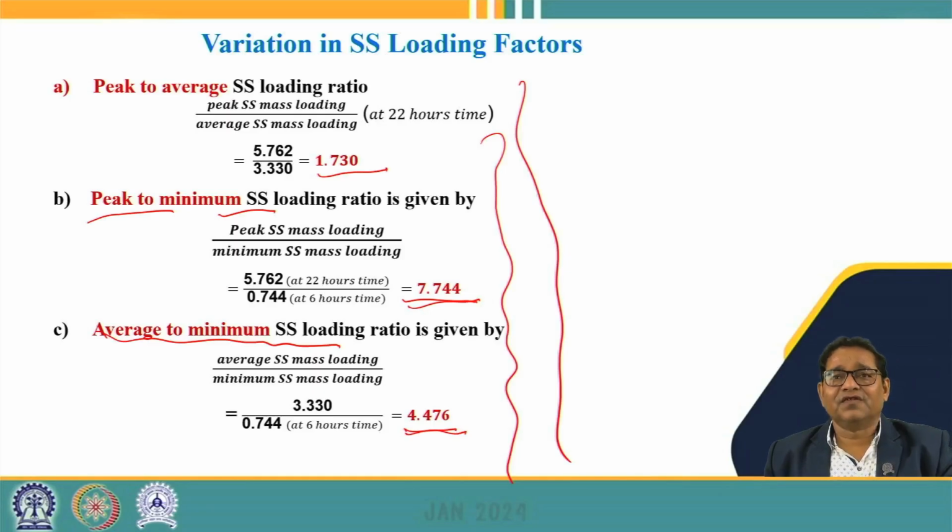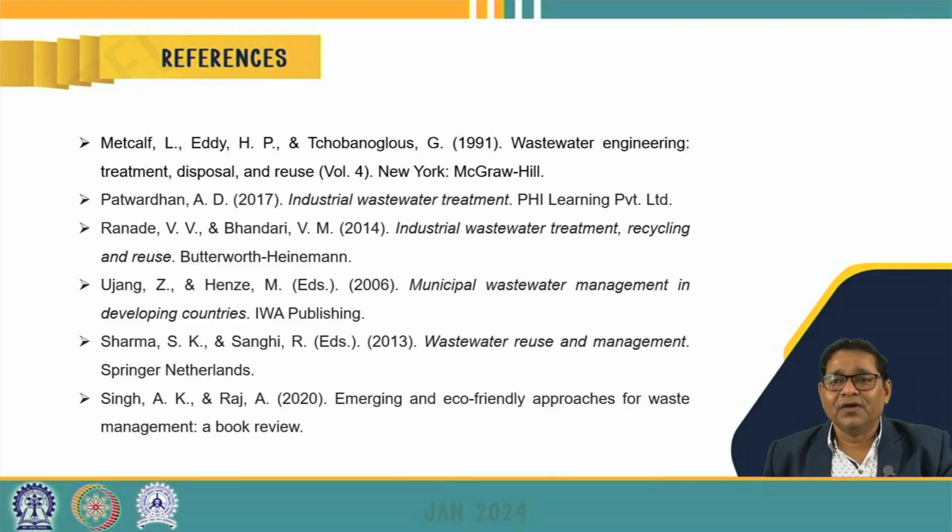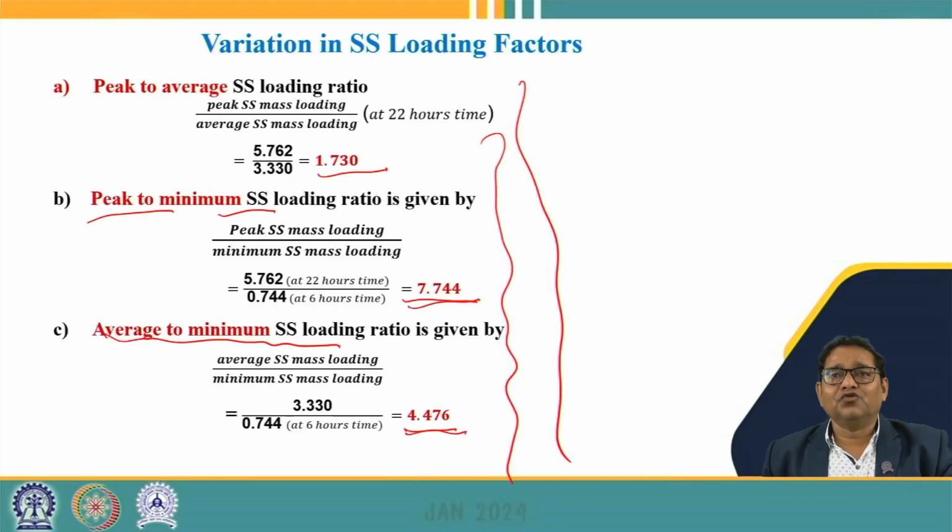This is an example which shows that after equalization, whatever the values come, they get equalized, and a uniform equalized loading rate is sent to the next treatment unit, whatever we design after the equalization tank.